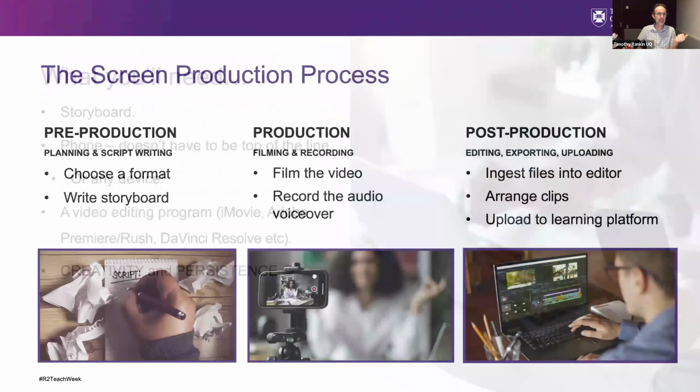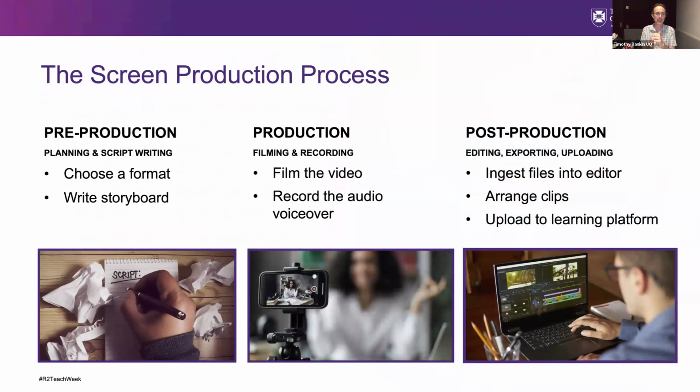And it's incredibly important that you do each of these steps properly, because what people find is that if they don't correctly choose what kind of format they want the video to be before they start filming, or they don't write some kind of script or storyboard before they start filming, they get to wherever they're going to record and they're not prepared. So they end up maybe not getting enough footage, or they just get completely the wrong footage.